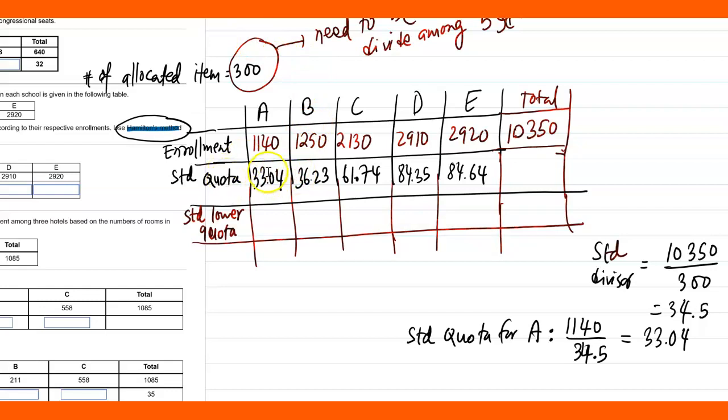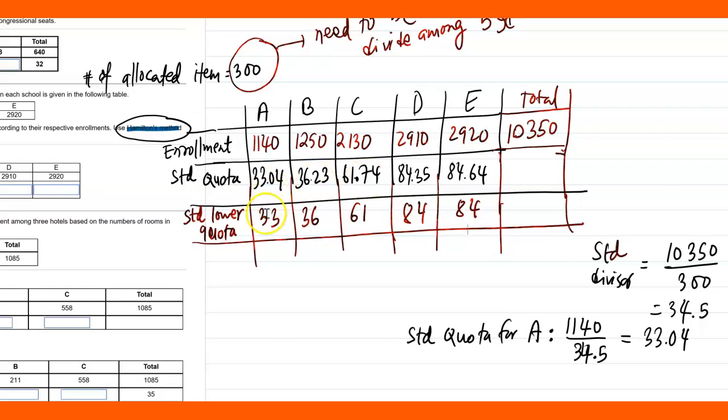This 33.04 becomes 33, 36.23 becomes 36, 61.74 is 61, not 62, because we are lowering down. Whatever number is after the decimal, always lower down. And this 84 here, that's called the standard lower quota. Everybody okay so far?